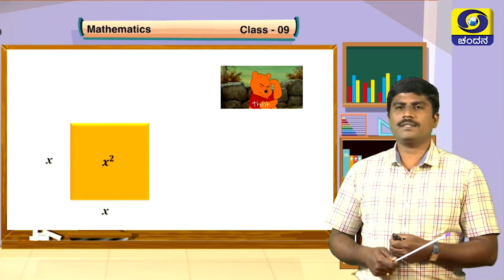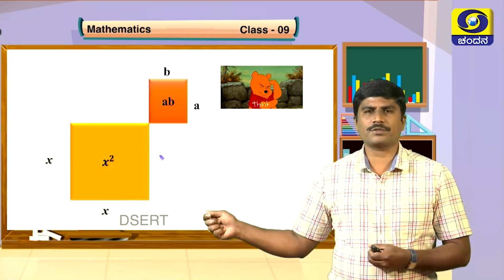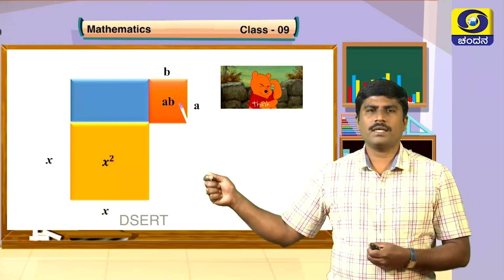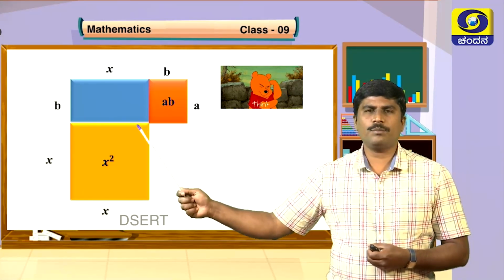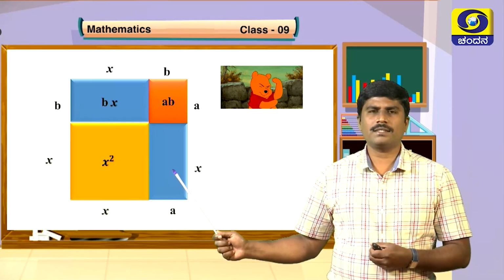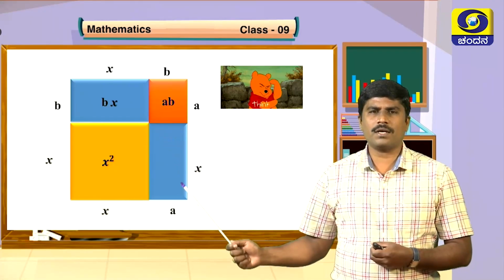Okay, let's move on to one more algebraic identity. Here is a square x, x into x is equal to x square. One more rectangle, a into b, ab. There is a slight difference: x into b, we call it bx. One more rectangle is here, a little different from the previous one, that is a into x.